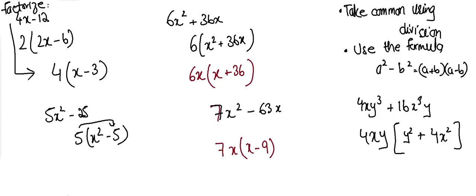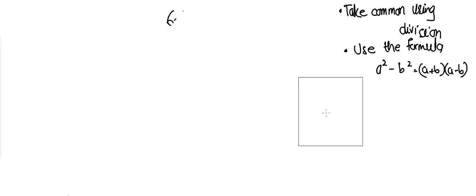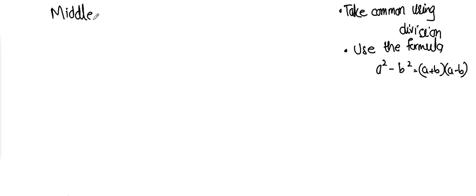Okay, great. Then we have an idea of middle term breaking. And this brings us to quadratic equations, or equations with three terms. Now we know one thing for a fact. What is a quadratic equation?